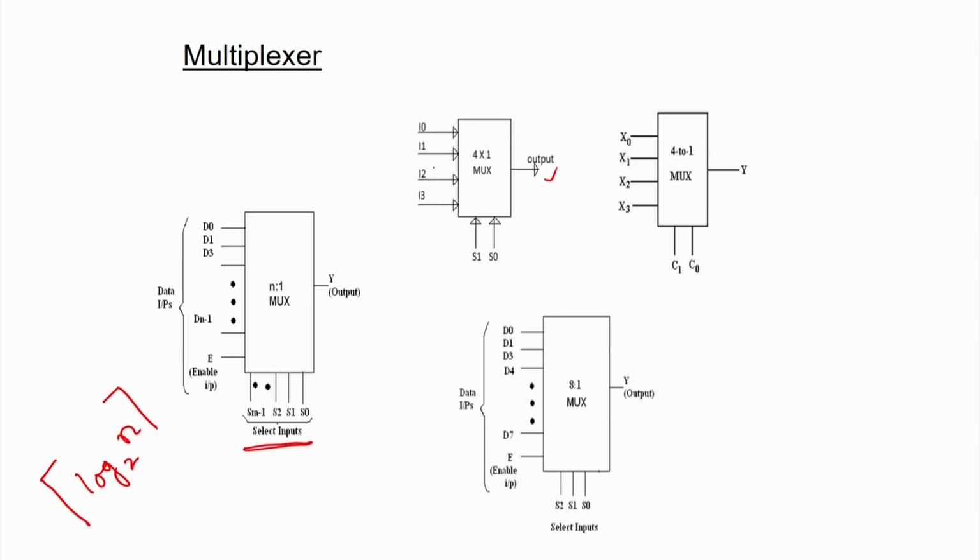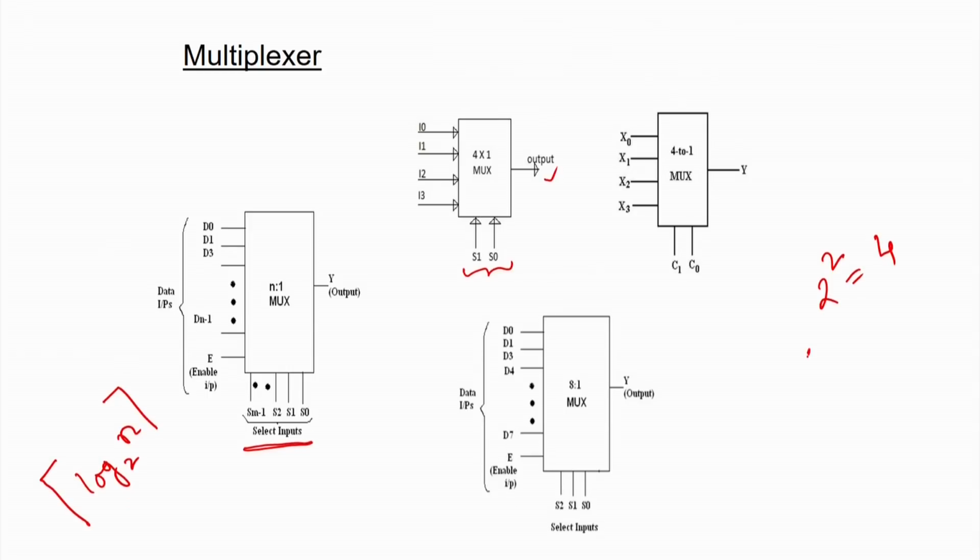To select among these 4 inputs, we need some select lines or control lines. So, here we are having 2 select lines S 0 and S 1. So, we know that 2 to the power 2 is equal to 4. That means, depending on the combination of these 2 select lines, we are going to select one of these input lines.